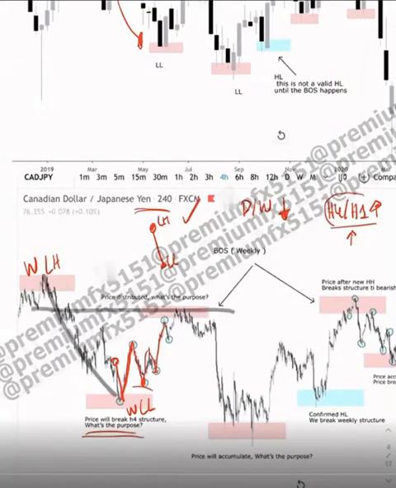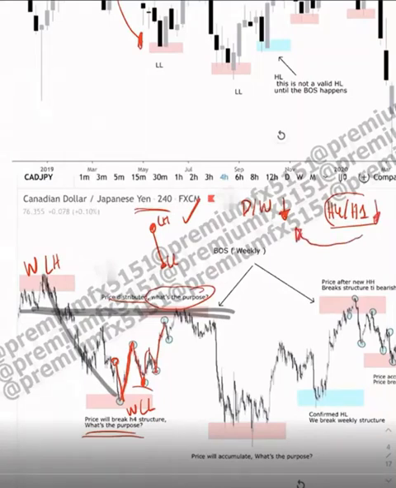So when we come to certain levels and we start to see some sort of distribution or break of structure, we start to see those two options. Now again, let's say price distributed, what's the purpose? Now we have to understand that if we are at certain levels and price is making a distribution schematic or making break of structure on my intraday time frame, now my intraday time frames are aligned with my higher time frames.